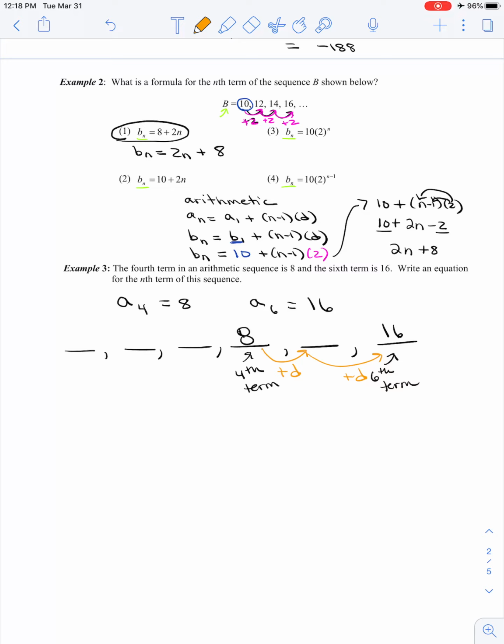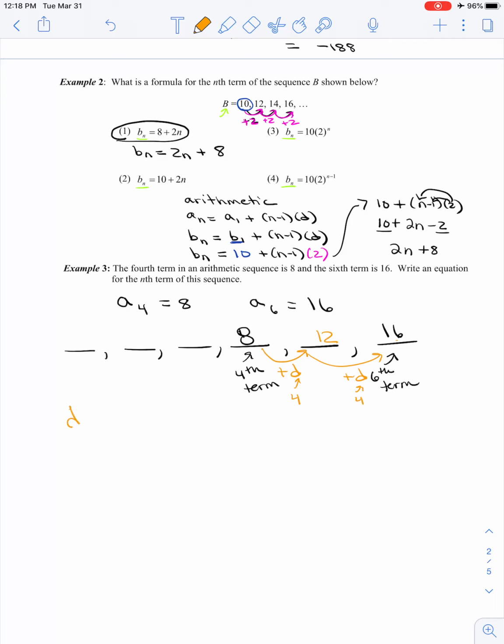Well, I would have to add 8, right? 8 plus 8 is 16, but I have to add the same number twice. So I couldn't add 8 plus 8 because that would be too big. So my common difference would be a 4, right? Because 8 plus 4 is 12, and then 12 plus 4 would be 16.